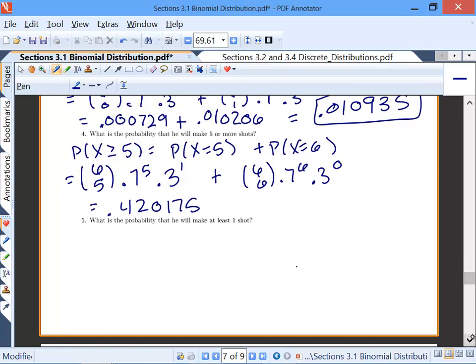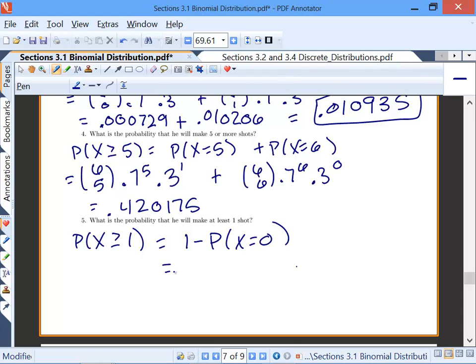And this next one, what is the probability that he will make at least 1 shot? So we're looking for the probability that x is greater than or equal to 1. Okay. So what x values does that entail? 1, 2, 3, 4, 5, 6, everything but 0. So what's going to make this easier? If I use the complement rule, so 1 minus the probability that x equals 0.